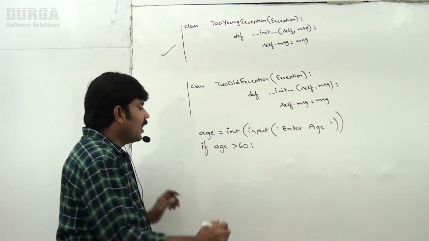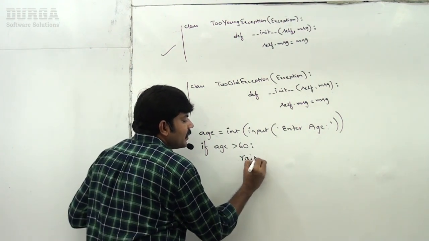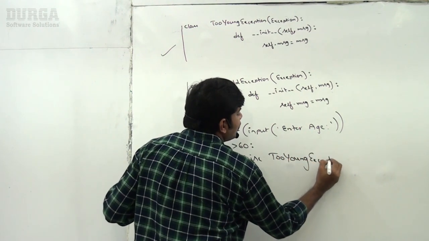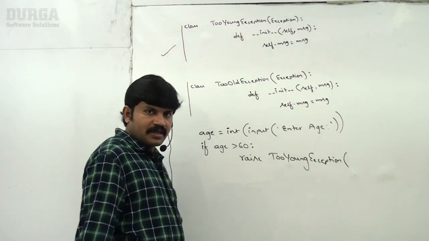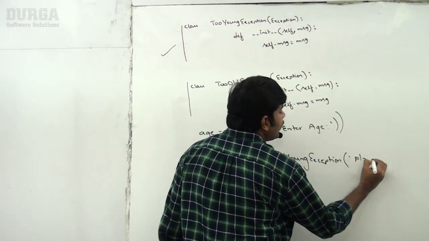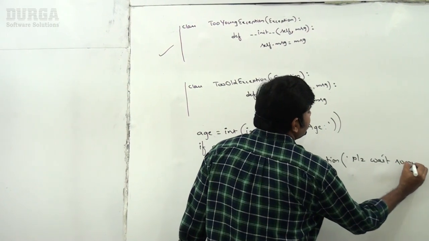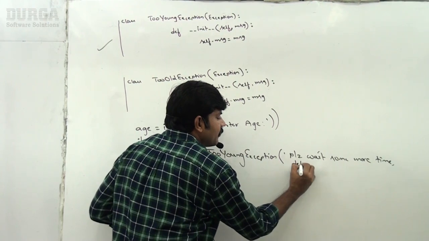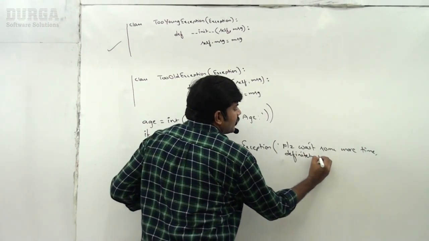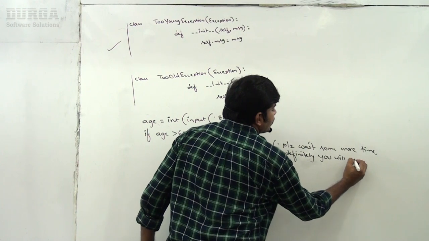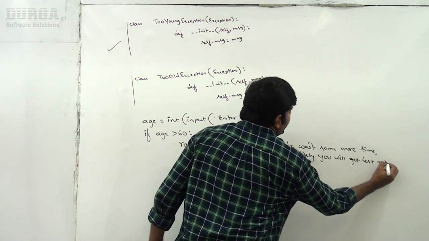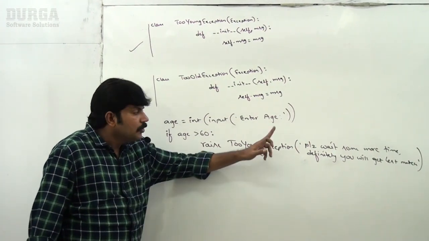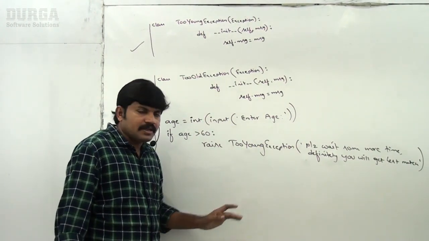What I want to do is raise TooYoungException: 'Please wait some more time, definitely you will get a best match.' Raise TooYoungException, please wait some more time, definitely you will get a best match.